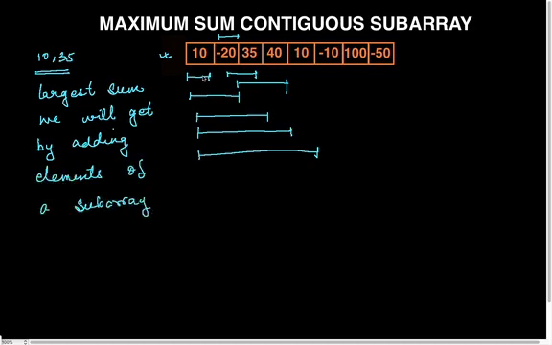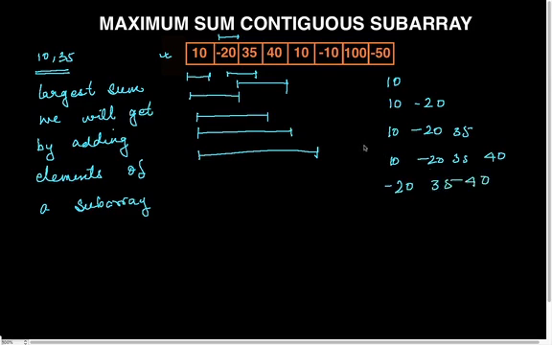Let's take out some subarrays. We won't go through all of them. Let's say 10 is one subarray, 10, minus 20 is a subarray, 10, minus 20, 35 is a subarray, or 10, minus 20, 35, 40 is a subarray. Similarly, minus 20, 35, 40 is a subarray. So there are multiple such subarrays possible, right?